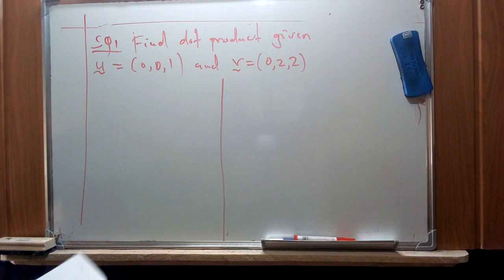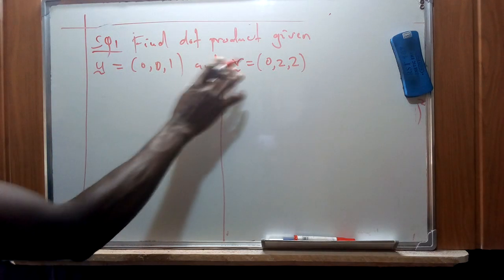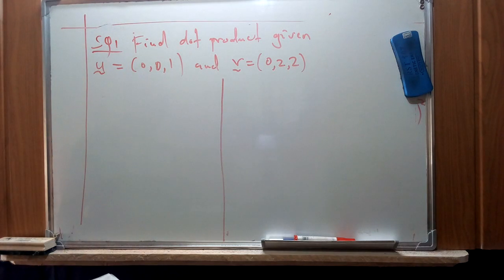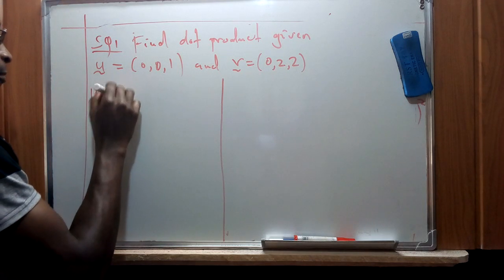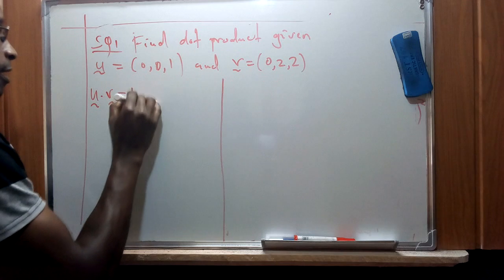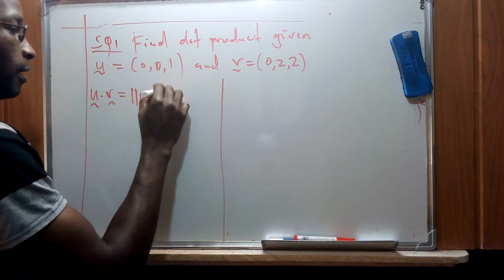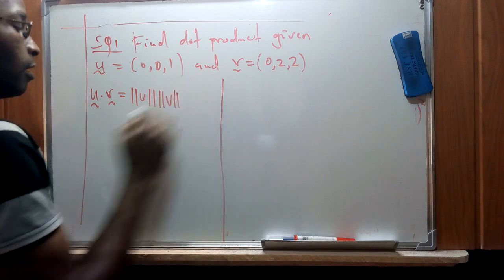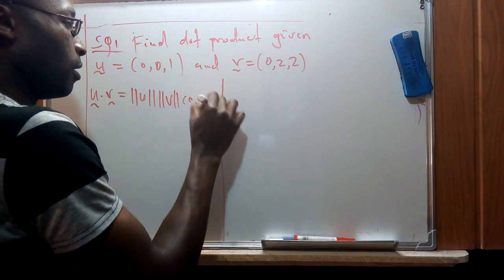Just a point of correction, I realize that we must have gotten lost somewhere. Given that we are going to find the dot product for the two vectors u and v, and given those three components, the dot product of v and u is given as the product of the norm of v and the norm of u, times the cosine of the angle theta.